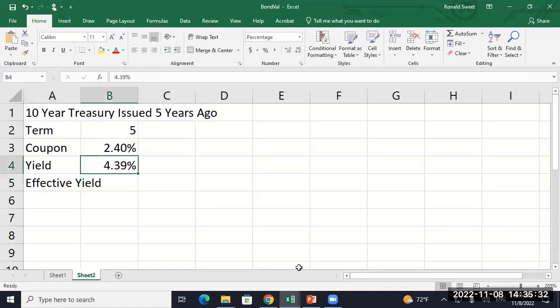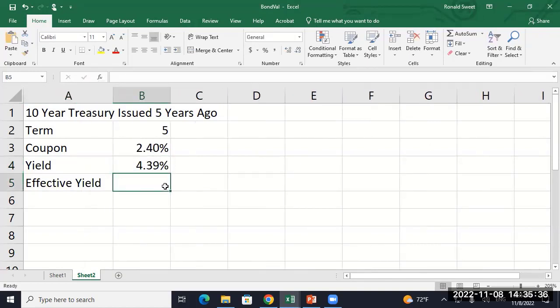Anybody remember that formula? You just think about what you're doing with the effective yield. Our yield's 4.39, but we're getting a coupon twice a year, so we need to compound that. It's the exact same thing banks do with CDs when they talk about the stated yield and the APY.